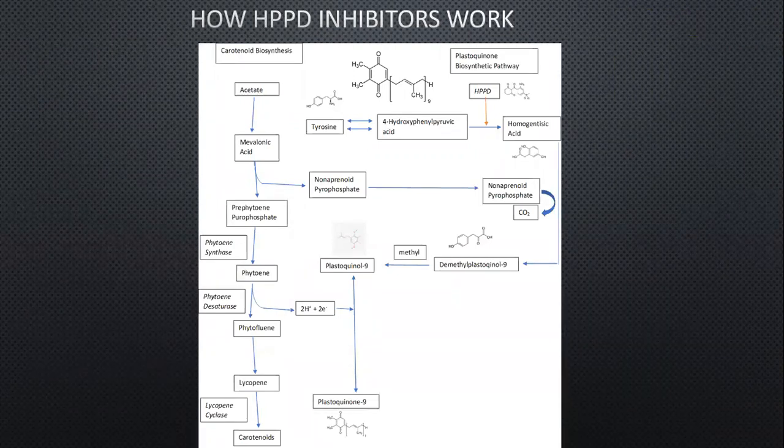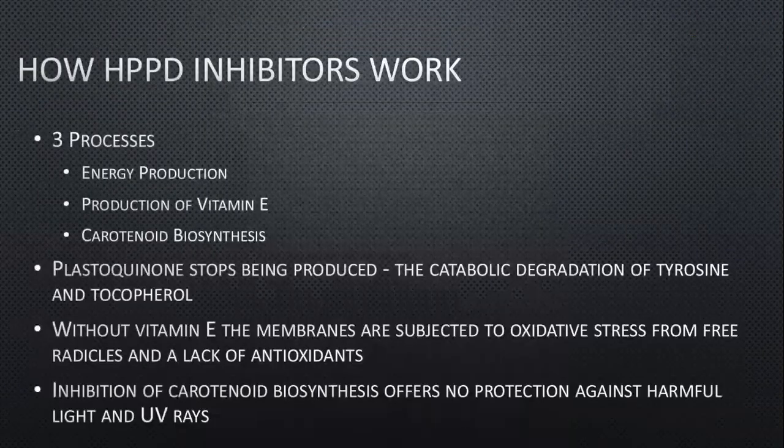And so what HPPD actually does is it goes in and interferes with this tyrosine byproduct, homogentisic acid, that then goes down and helps with the production of the plastoquinone 9 and also the carotenoids. So when you disrupt the homogentisic acid, you don't have any production of the plastoquinones or the carotenoids anymore.